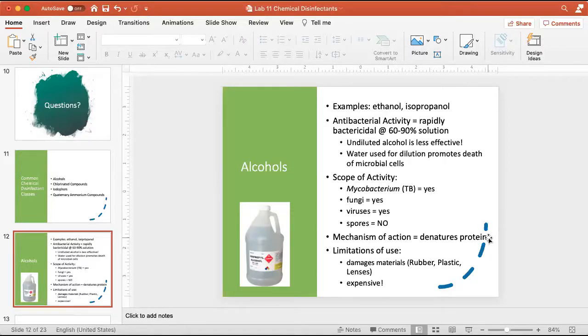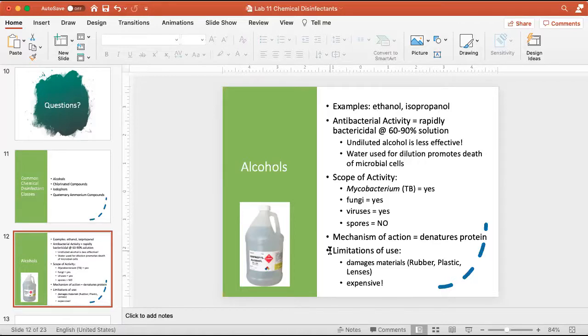Remember, a protein is a long chain of amino acids that are all bound to each other covalently. And inside a living cell, that long chain is going to get folded up into an elaborate three-dimensional structure. And it's that folded structure that's going to allow the protein to do a certain job. So by unfolding it, it essentially inactivates the protein. And that's what kills the cell.